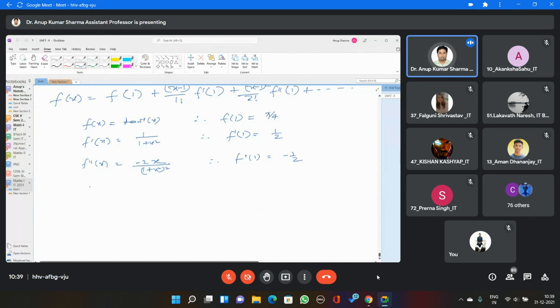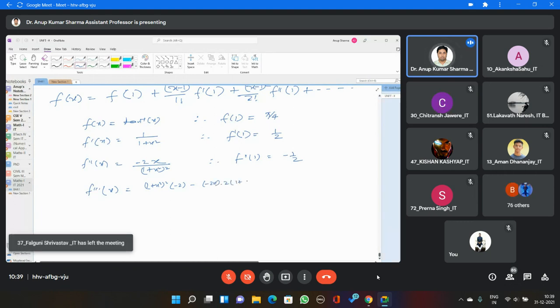Similarly, f triple dash of x you can calculate. It is in the u upon v form, so (1 plus x squared) whole squared, and the term is minus 2, minus 2x into 2 into (1 plus x squared) into 2x, over (1 plus x squared) to the power 4.